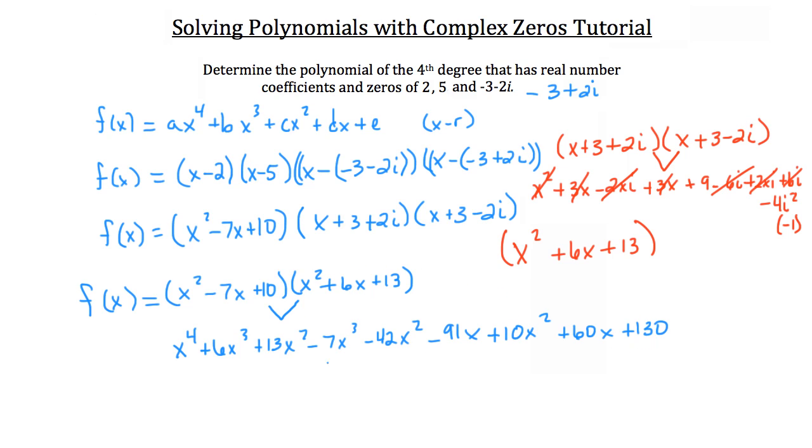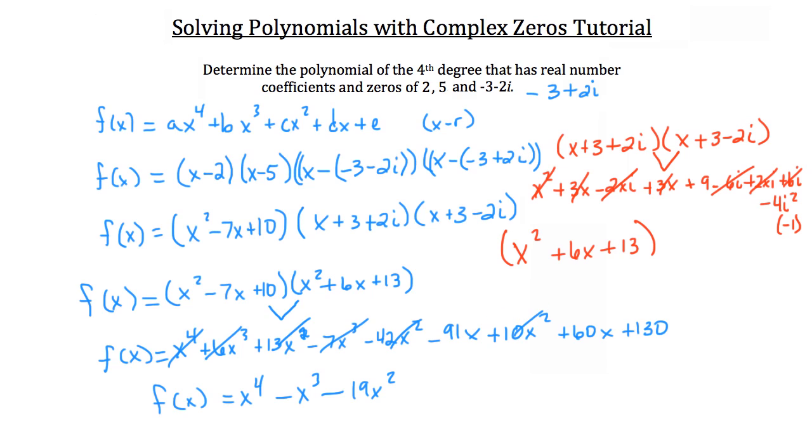So now we'll combine all our like terms because this is our fourth degree function. We've got f of x is equal to x to the fourth. Now we'll look at our x cubed terms. We've got a positive 6x cubed and a negative 7x cubed, which gives us a negative x cubed. Now we'll look at our squared terms. We've got a positive 13x squared, a negative 42x squared, and a positive 10x squared, which gives us a negative 19x squared.